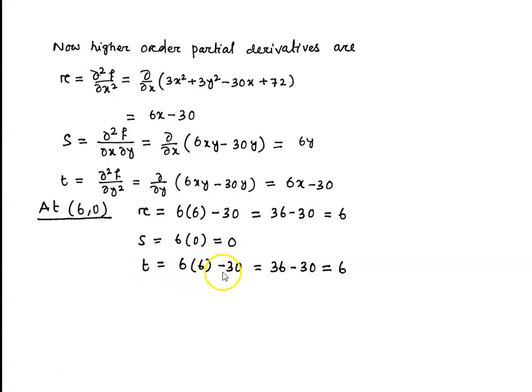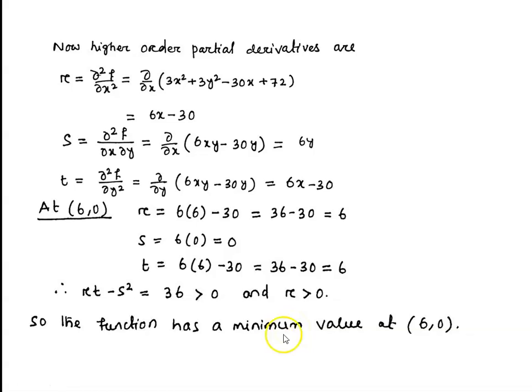So 6 into 6 minus 30, that is equal to 36 minus 30, which is 6. Now rt minus s square is 36, which is positive, and here r is positive. So the function has a minimum value at this point (6, 0), because here rt minus s square is positive and r is positive at this point.